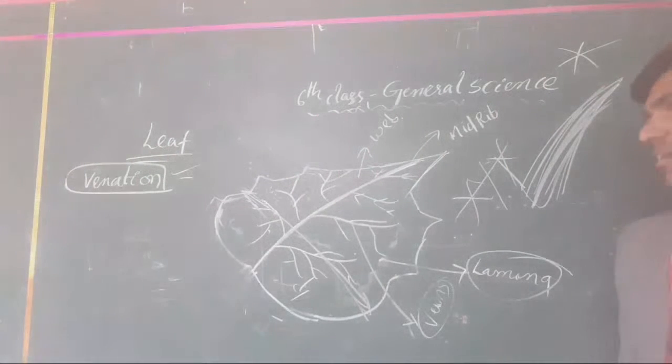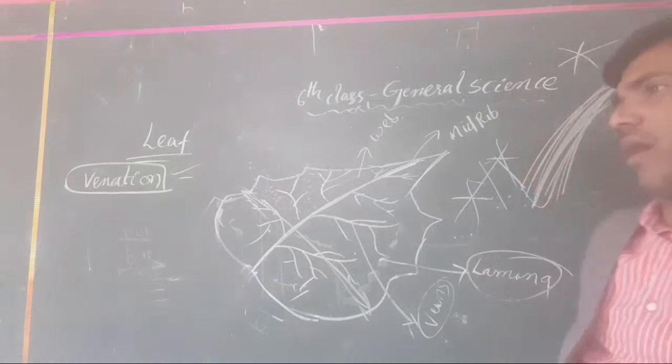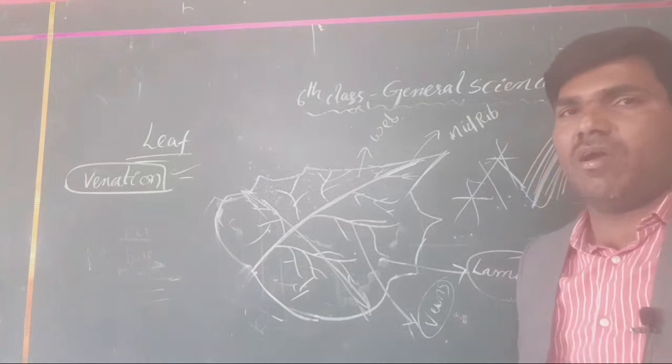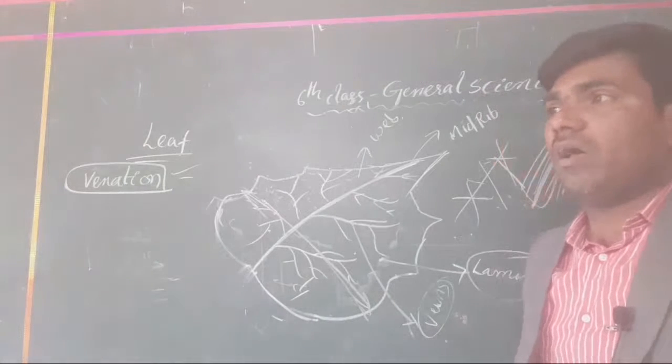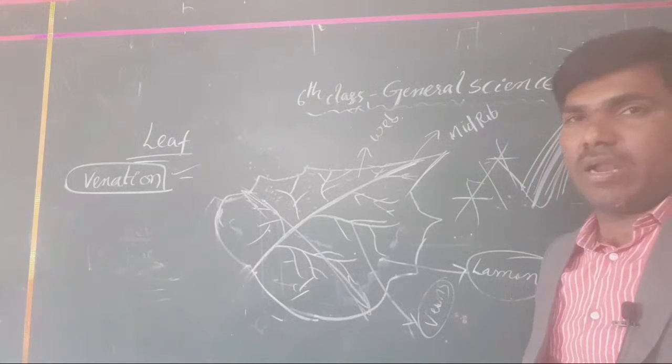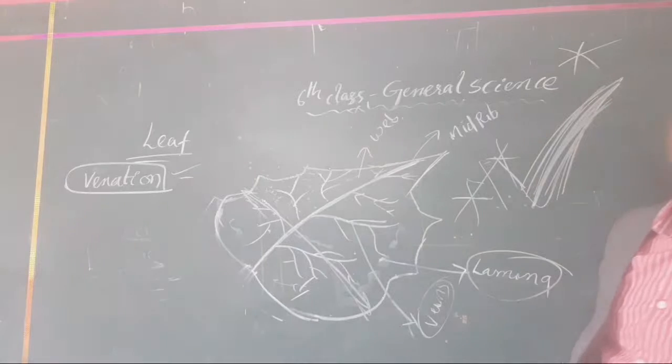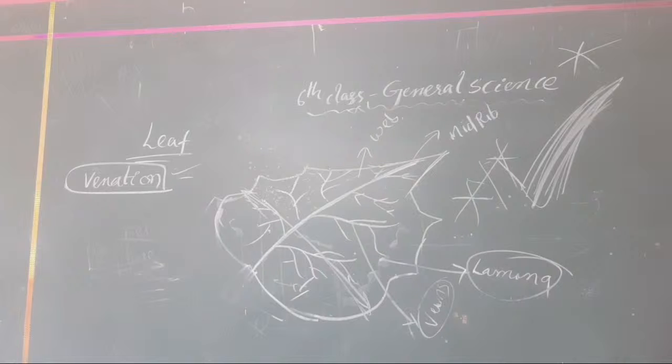Venation is nothing but the arrangement of veins, either in the form of a web or parallel to one another on the lamina. Got it or not? And here the venation acts as a skeleton of the leaf and gives it shape and support. Yes, clear or not all the students?